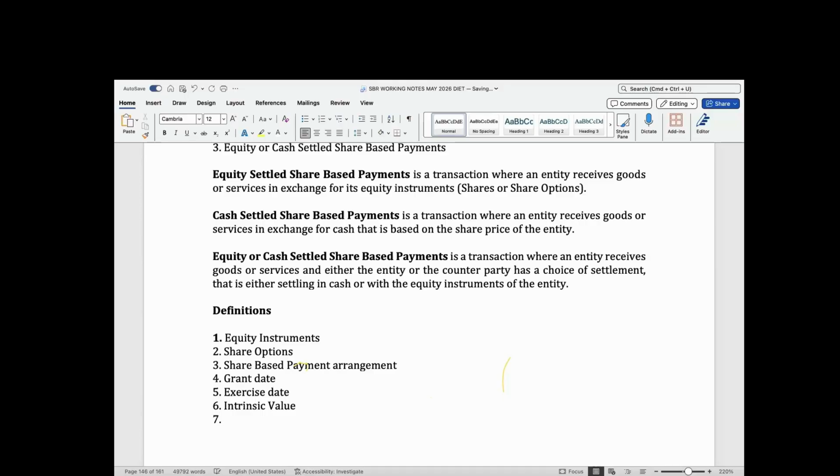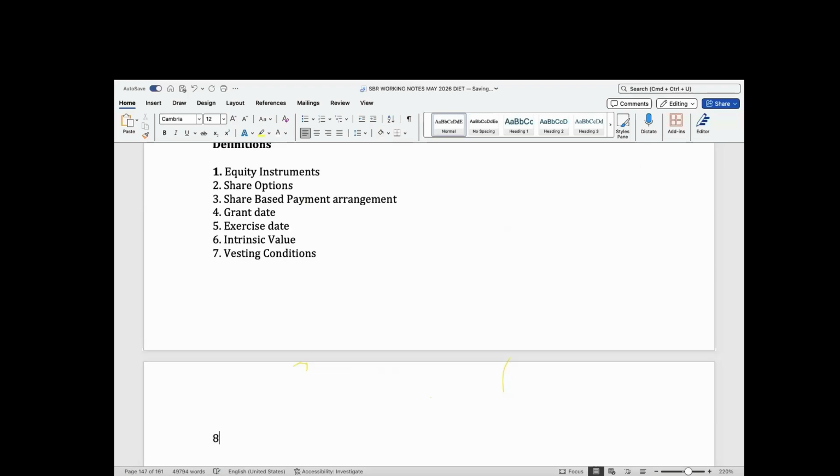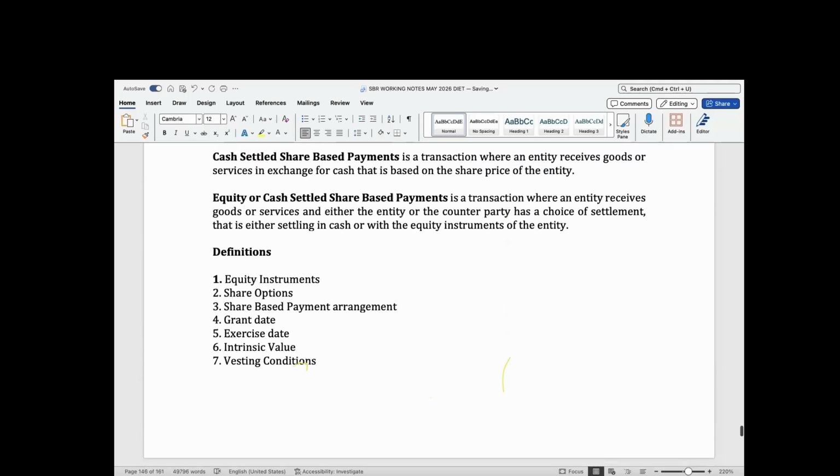Number seven, we need to understand vesting conditions because we're going to see all this. And finally, you need to understand vests. Okay, so let me quickly mention all of this because we're going to meet them.